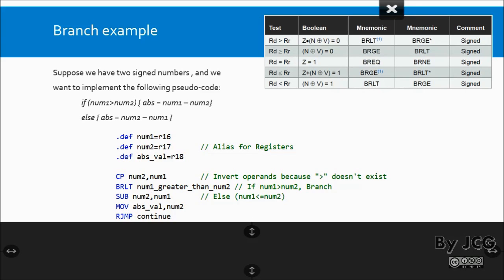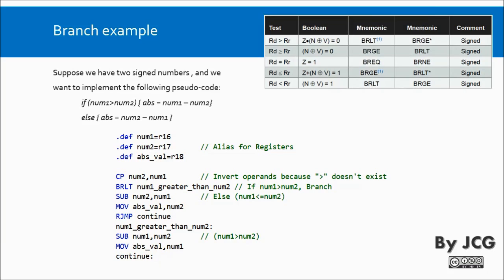And the else part says that you perform the operation number 2 minus number 1. So you can see that the subtraction is performing number 2 minus number 1. Then we're making a move because the result is going to be stored in number 2, and we're moving that value to abs_val, which is register 18.